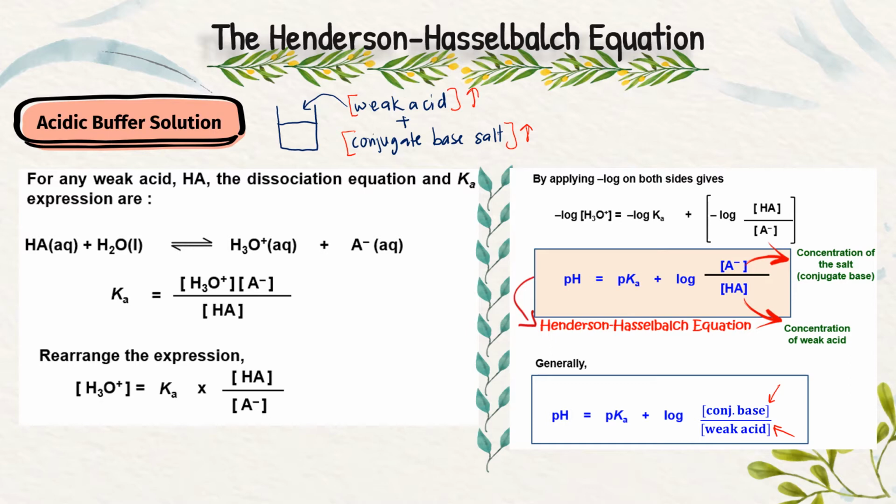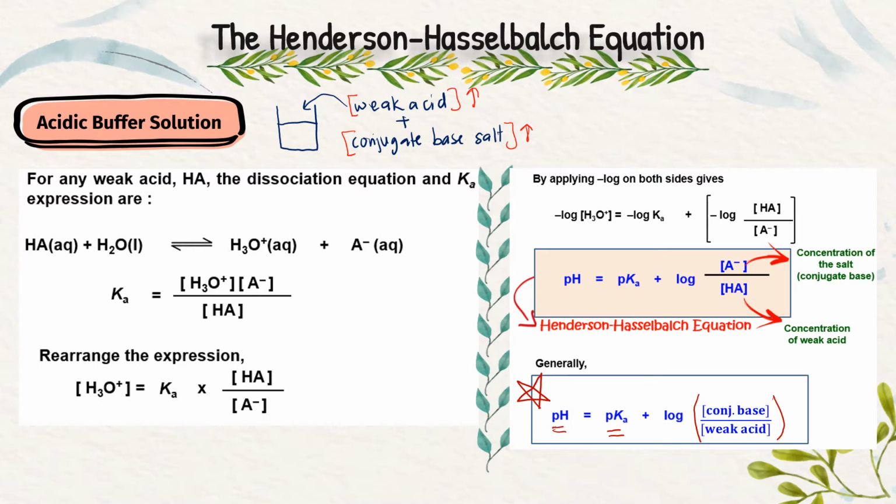Please bear in mind, you need to memorize this equation. The Henderson-Hasselbalch equation for the acidic buffer is pH equals pKa plus log, okay, ini ada kurungan dekat sini, log concentration of the conjugate base over concentration of weak acid.